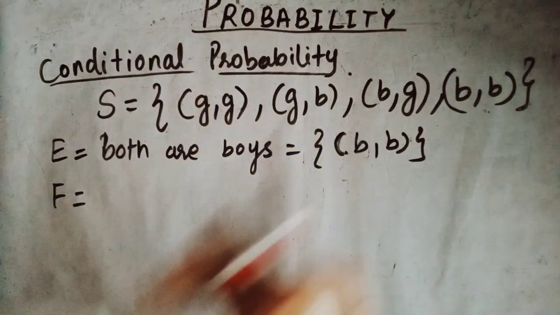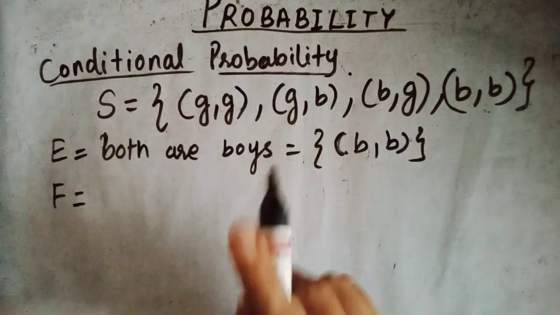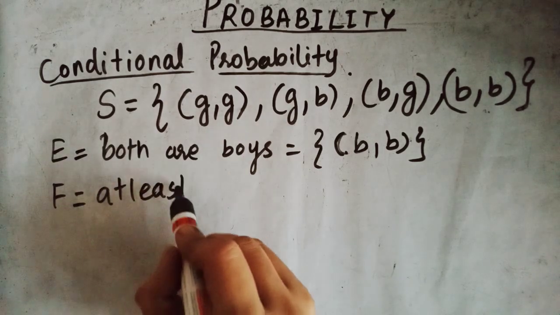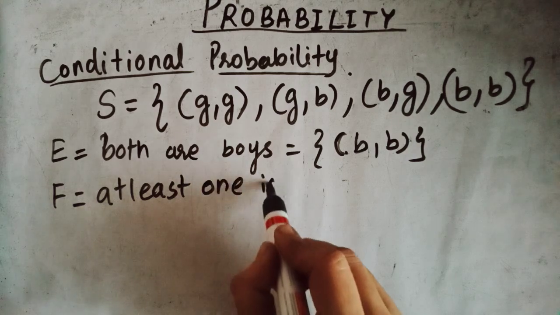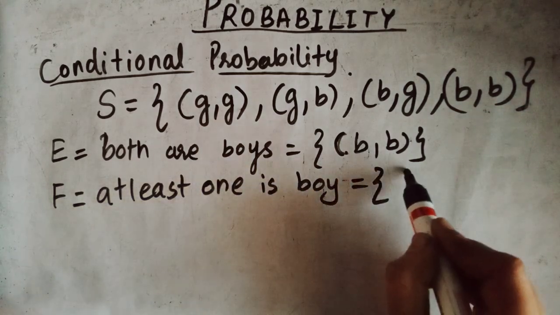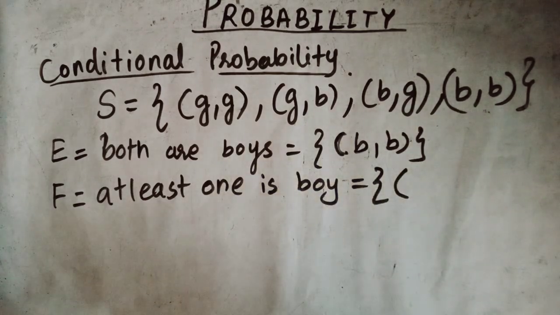And F is the given condition, that at least one of them is a boy. At least one means more than one also we can take.